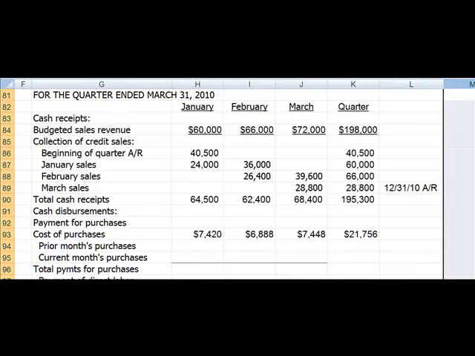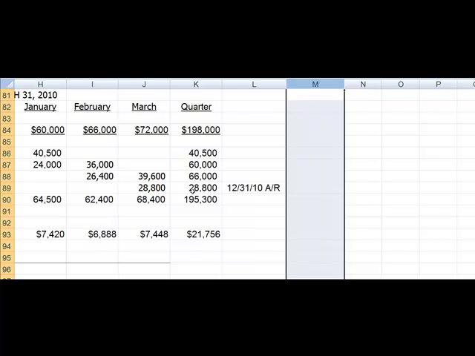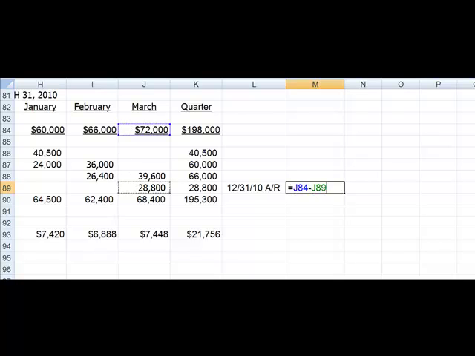So my 12/31 accounts receivable is going to be my March sales minus what I've already collected, the 28.8. So when we get to doing our balance sheet, we'll need that 43,200 for our accounts receivable.